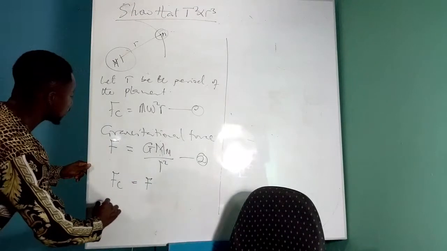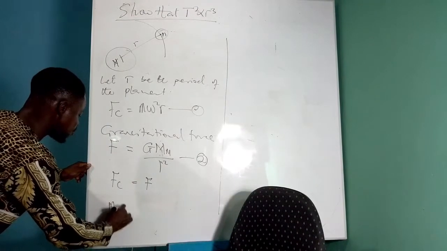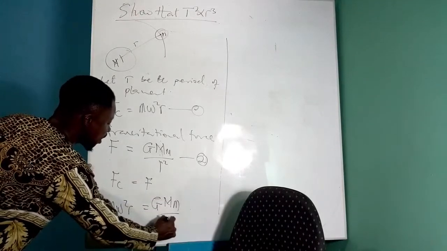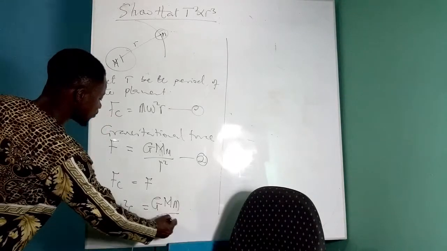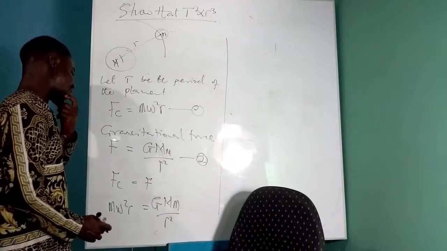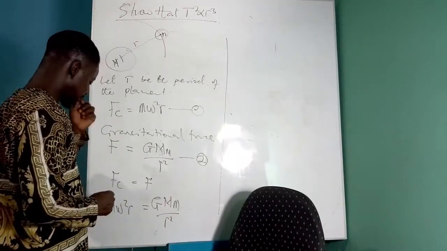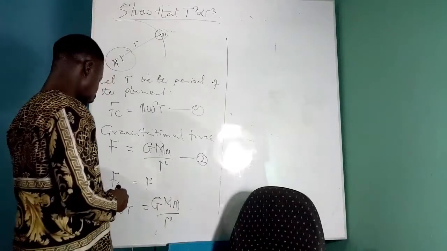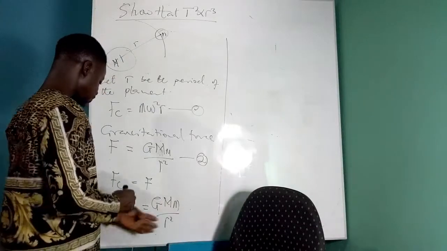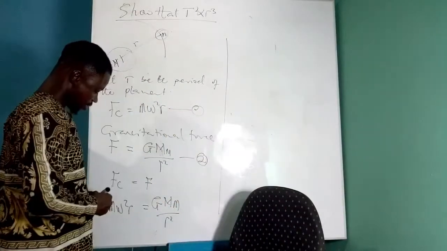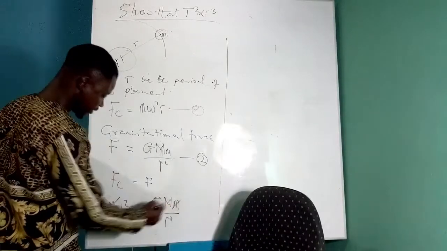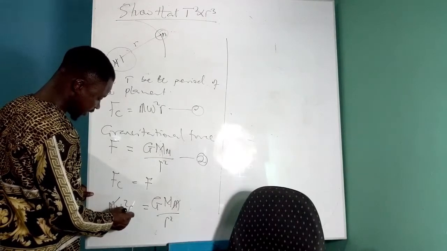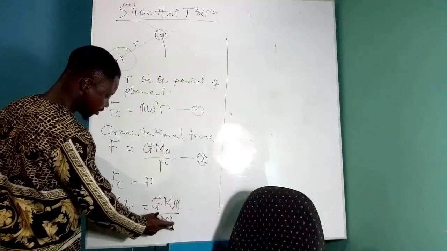For that matter, I can write m omega squared r is equal to G capital M small m over r squared. We cancel this m, and this r will multiply by this r.